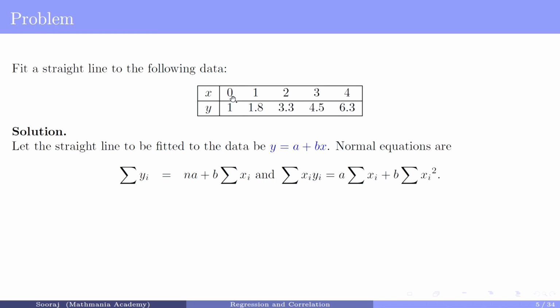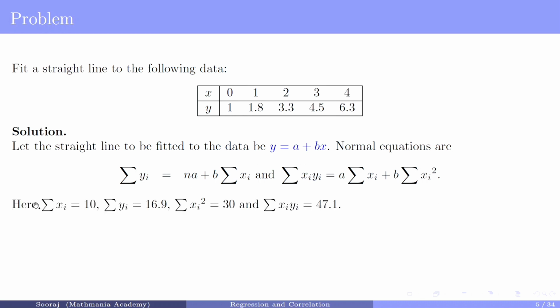Just multiply the corresponding entries: 0 multiplied with 1, 1 multiplied with 1.8, 2 multiplied with 3.3, 3 multiplied with 4.5, and 4 multiplied with 6.3. That gives you the individual xi yi entries, and finally sum them up. So you will have this one as well. Just square the x quantities and sum them up, and you will have the summation xi square.